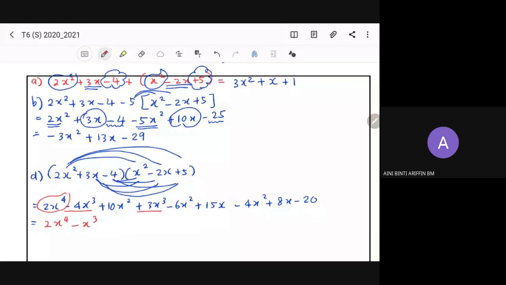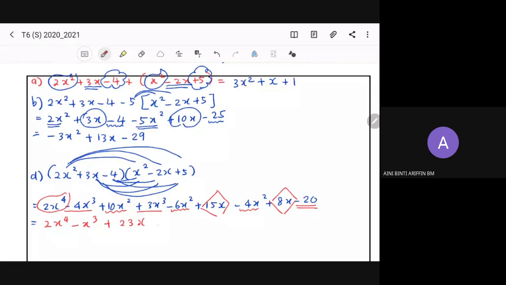Next, 10x squared minus 6x squared minus 4x squared. So will be 0. And then 15x plus 8x. The answer is 23x. And the constant is negative 20.